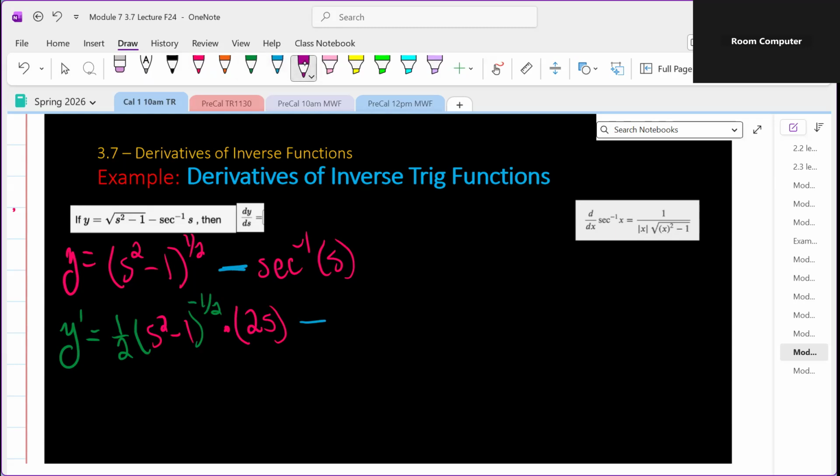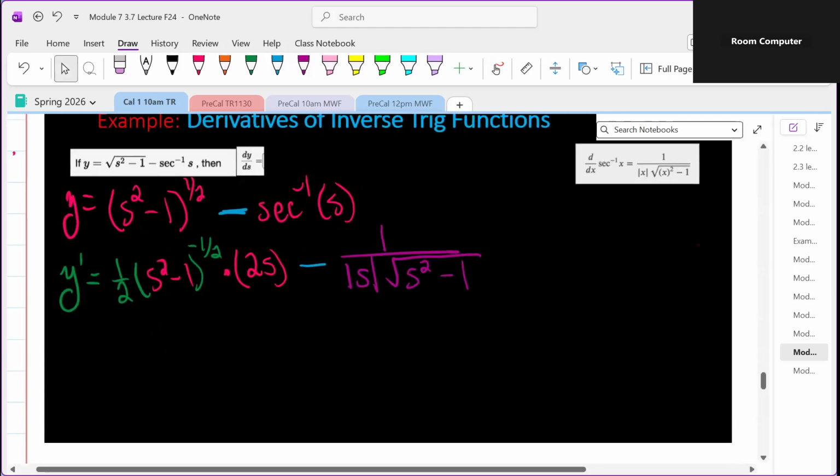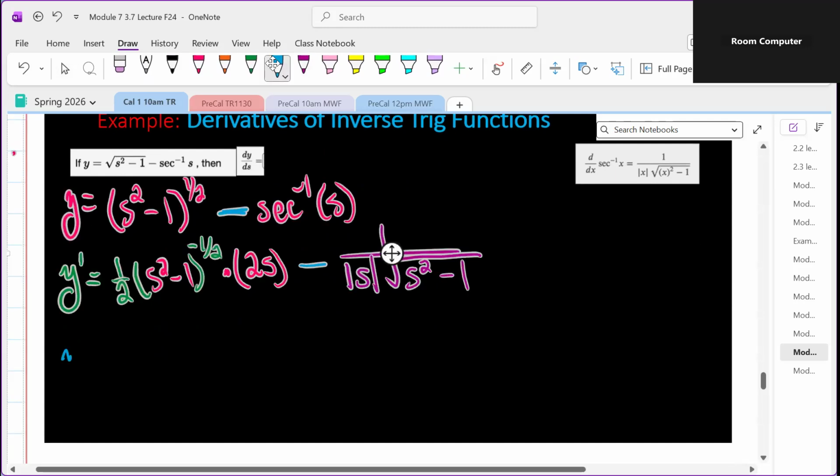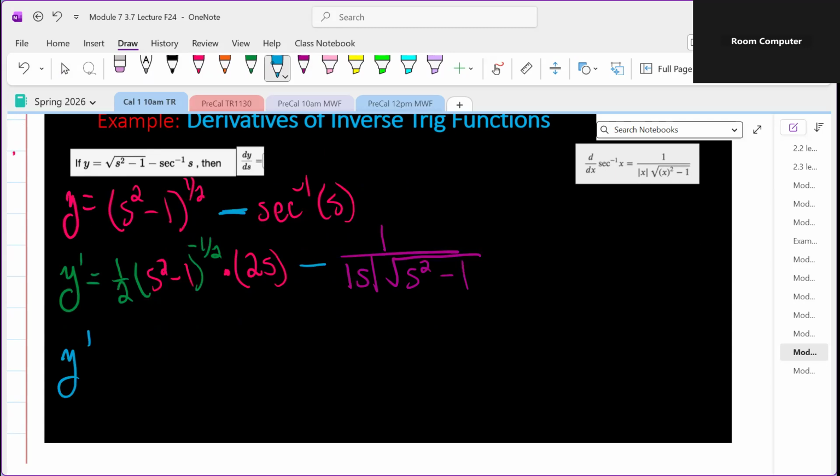And now our derivative of inverse secant of s. So we go over here to our weird form, 1 over absolute value of s times the square root of s squared minus 1.